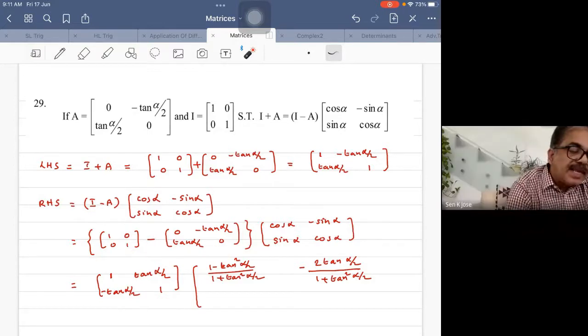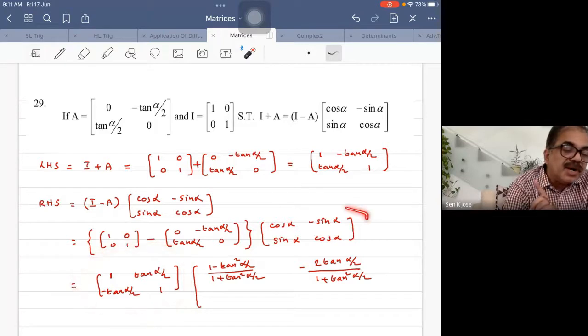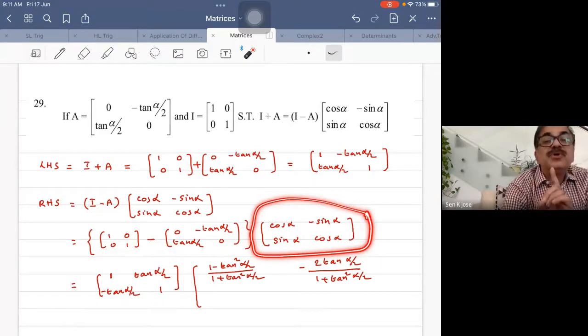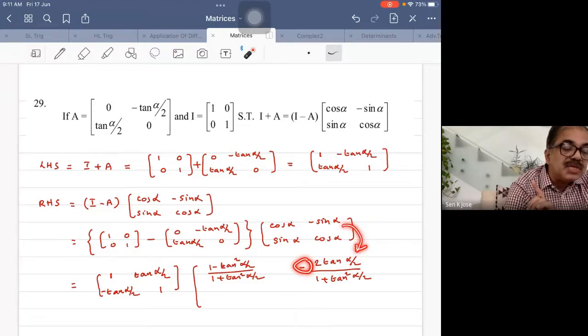Okay. And then also we did something. Since the first bracket is in terms of tan alpha by 2, we wanted the second matrix also to be in terms of tan alpha by 2. And then there is a set of formula. Cos alpha is 1 minus tan square alpha by 2 by 1 plus tan square alpha by 2. It's a formula. And sin alpha is 2 tan alpha by 2 divided by 1 plus tan square alpha by 2.